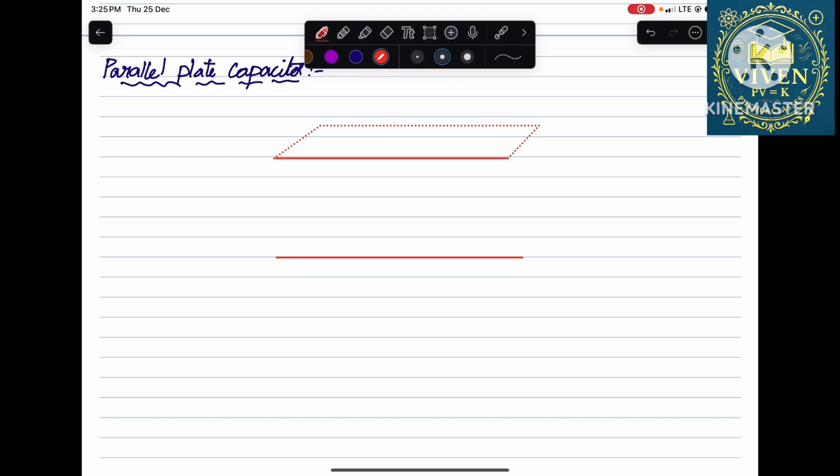So now this is one charged plate, and this is one more charged plate. Based on the definition, one of the charged plates is earthed. I mean, I was connecting it to the earth. Therefore this plate will be negatively charged, and this plate will be positively charged.